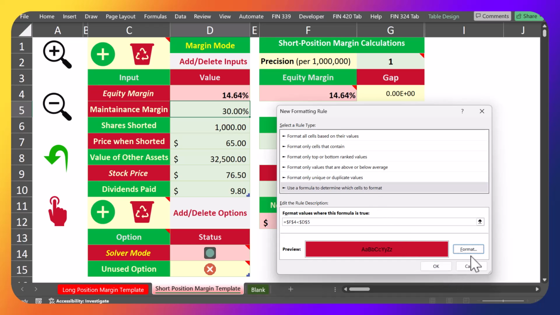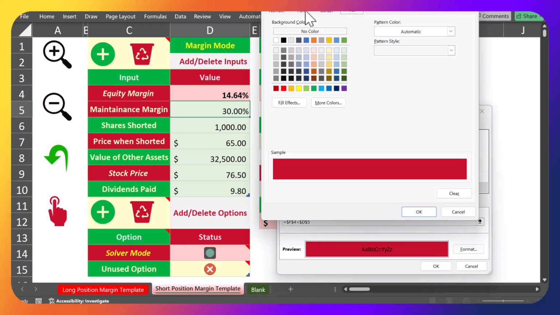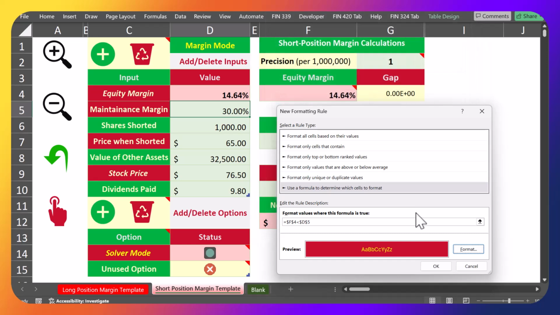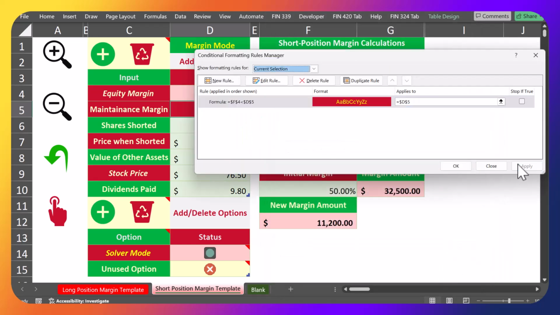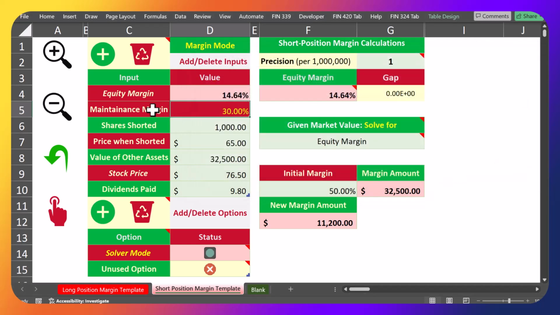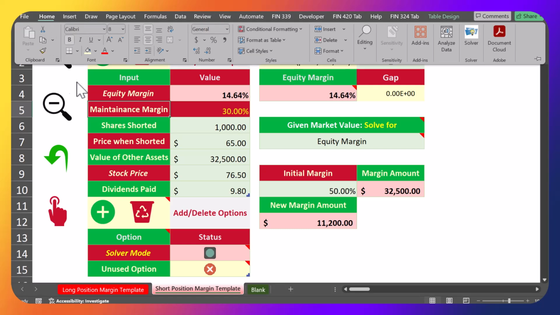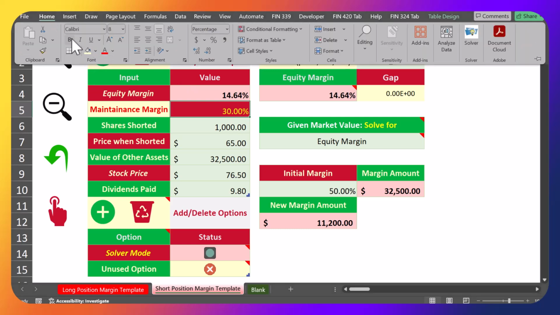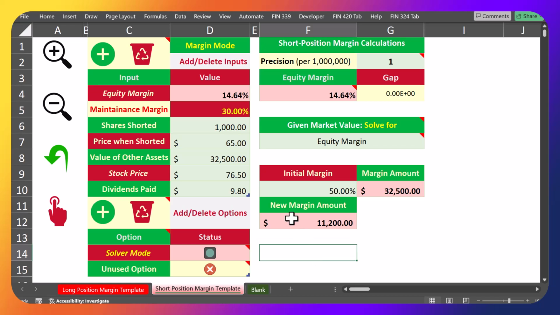And I'm going to change also the font color to this yellow. Okay. Apply. And let's change this one too. All right. Well, let's make this bold as well. So that's how we know that you're going to get a margin call.